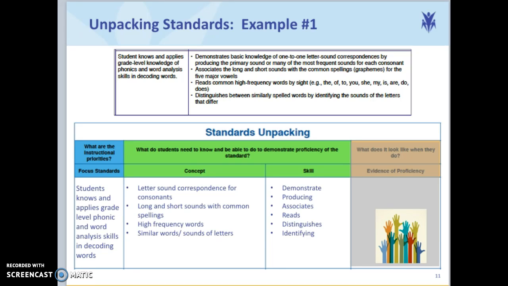So if we look at an example, over here we see our standard. Students know and apply grade level phonics and word analysis skills in decoding words. We know that standard. We do that all the time in kindergarten. So here is the concept: letter sound correspondence for consonants, long and short sounds with common spellings, high frequency words, similar words, sounds of letters.